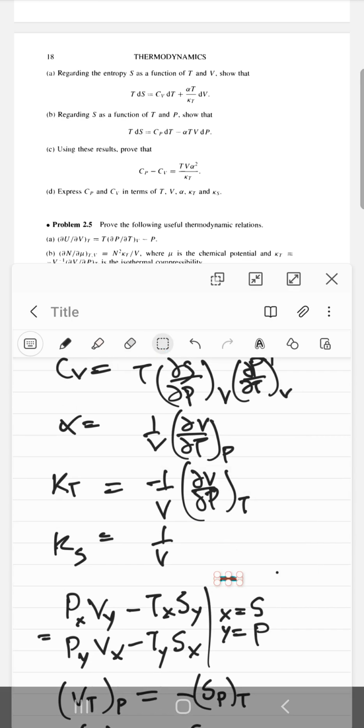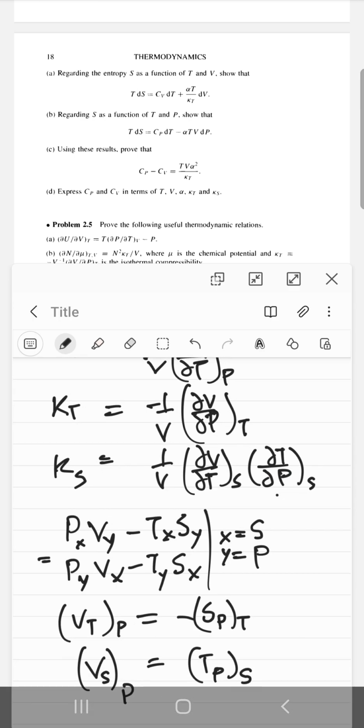What's K sub S? K sub S is partial V by partial P at constant entropy. And so you can write that as partial V by partial, just the other variable, which is T at constant entropy, and partial T by partial P at constant entropy. Right.